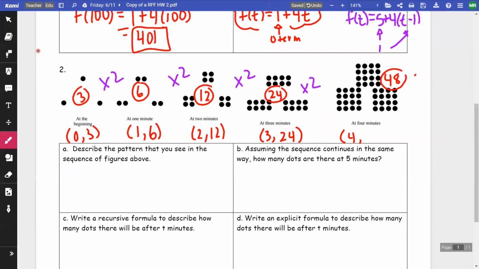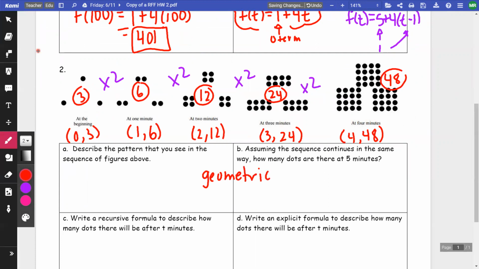So yes, I was timesing by 2. So since I am doing that, timesing by 2, that is going to make this geometric. I'm just going to write it here, geometric. And geometric is going to be an exponential type of graph.